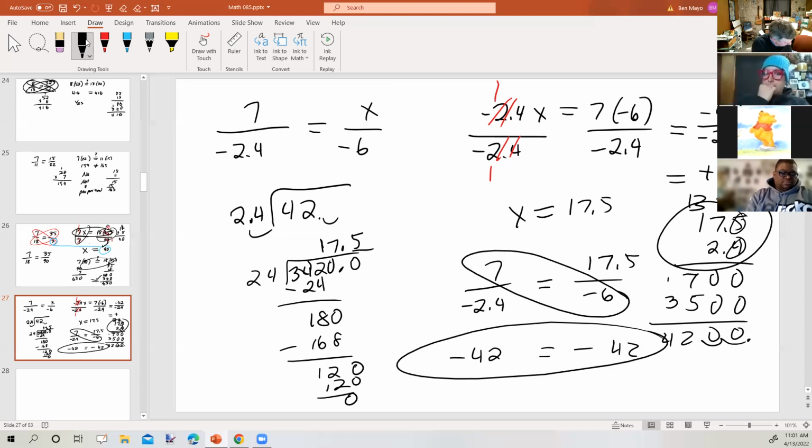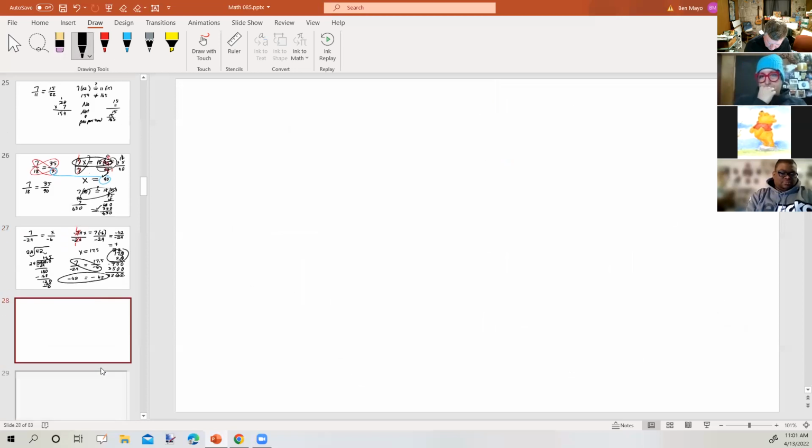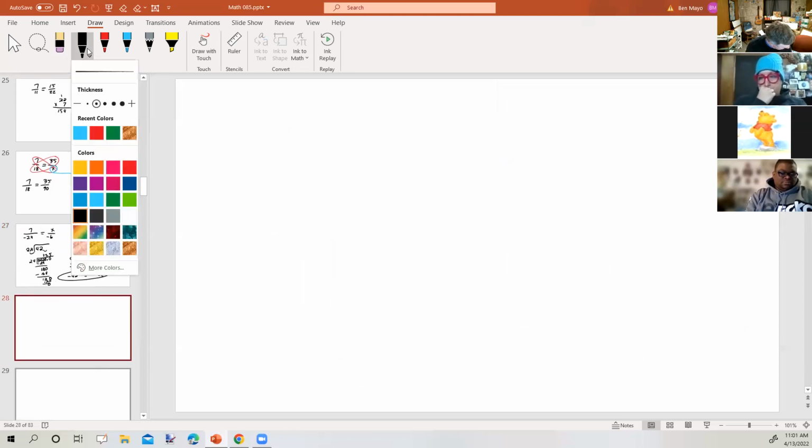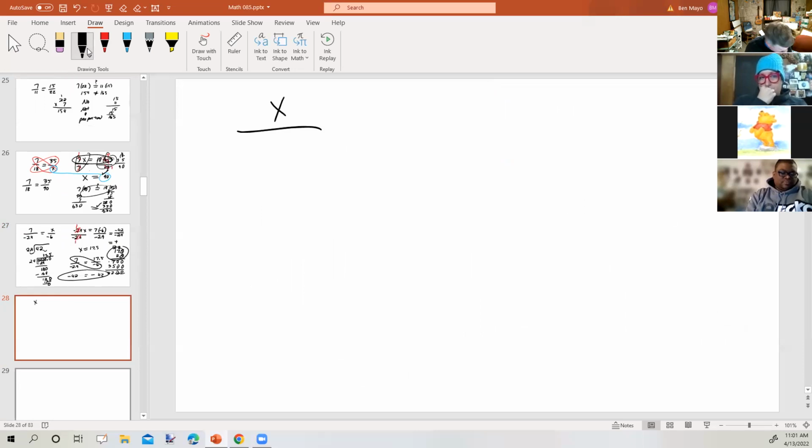Let's see here. I want to look at another example, and this is x divided by 1.5 equals 1.7 divided by 5/6.